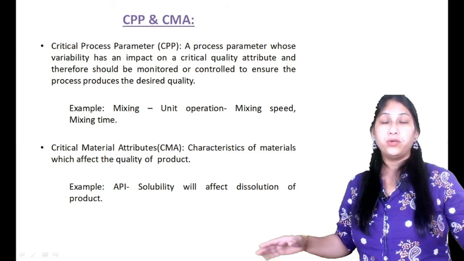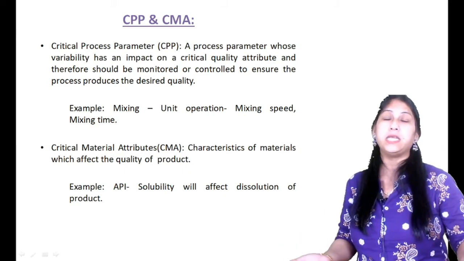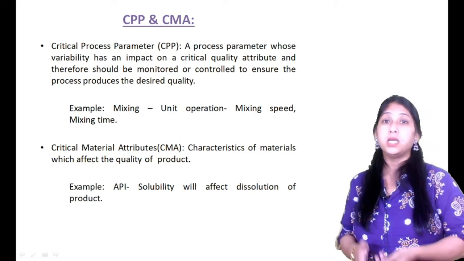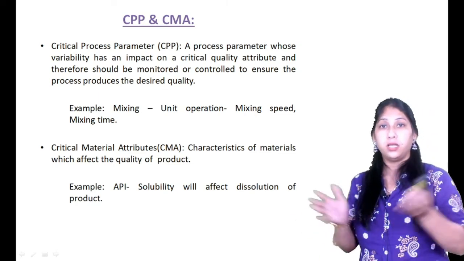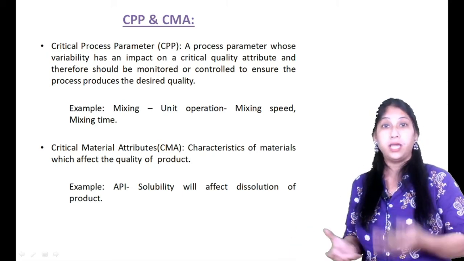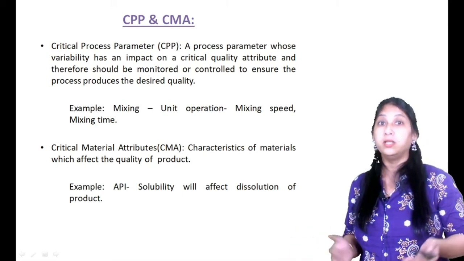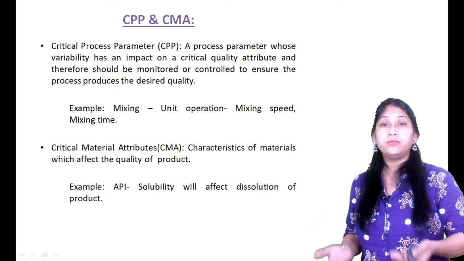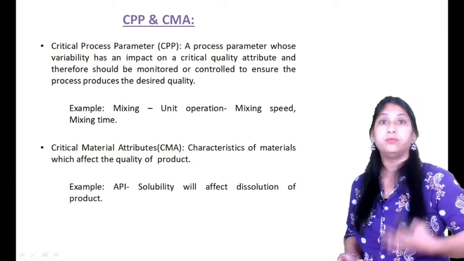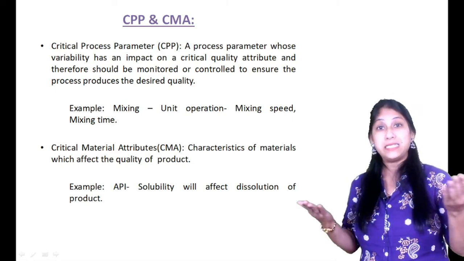So these are the different processes involved in tablet making. If I take an example of the mixing process, the mixing process involves the particular geometry of the mixer, then it can be baffled or unbaffled, the mixing speed of the agitator, or if it is a tumbler type, then the mixing speed of the blender, and the mixing time.